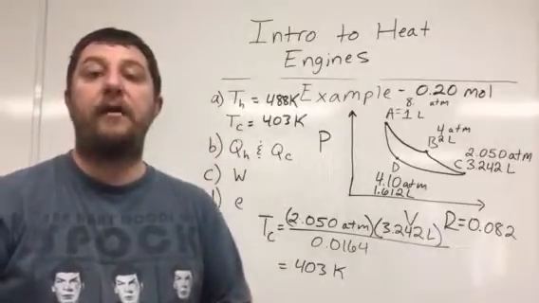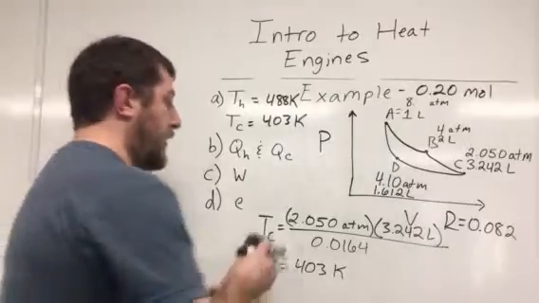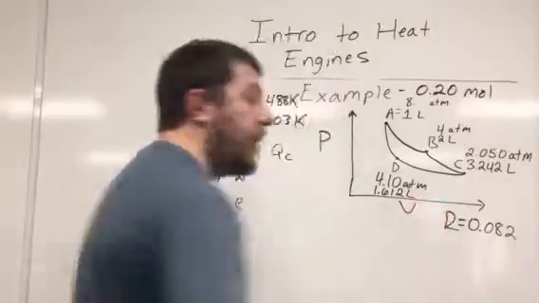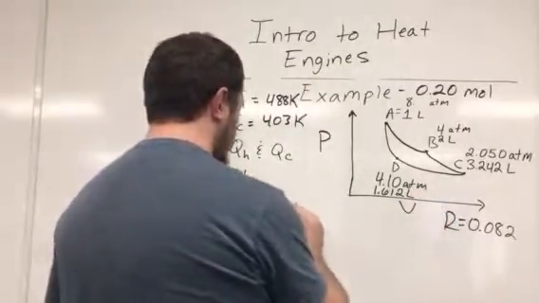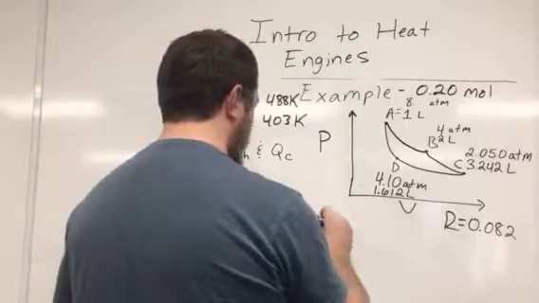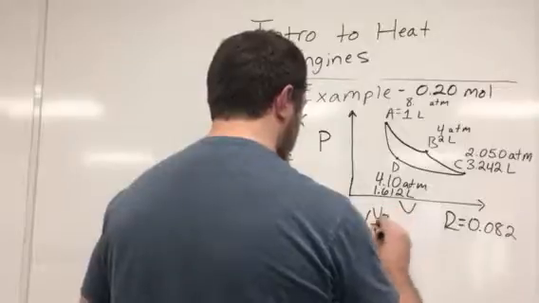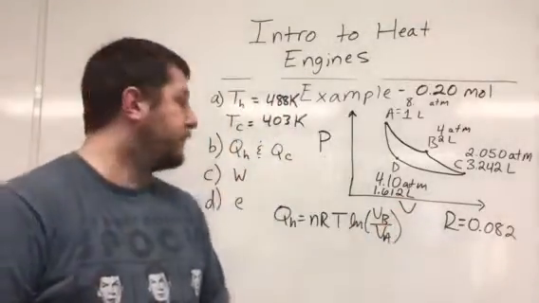Now we need to worry about the hot and cold amounts of energy, Q H and Q C, right? So remember, we can get those from our specific heat equation.